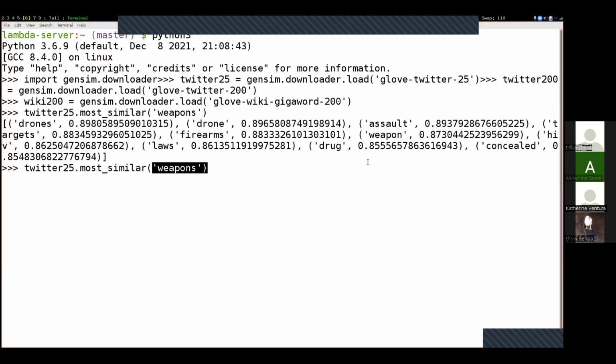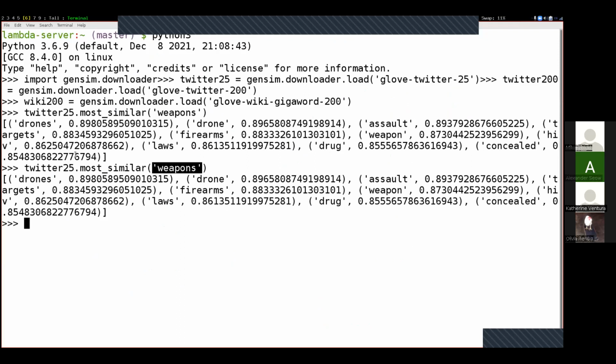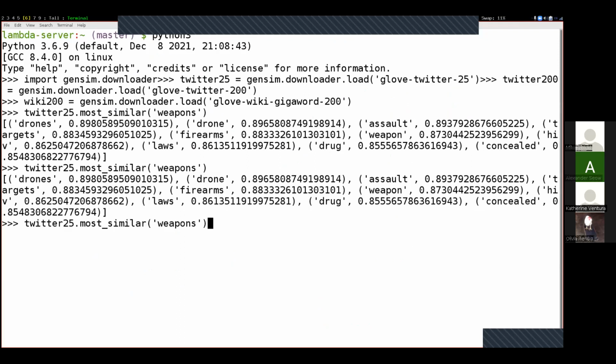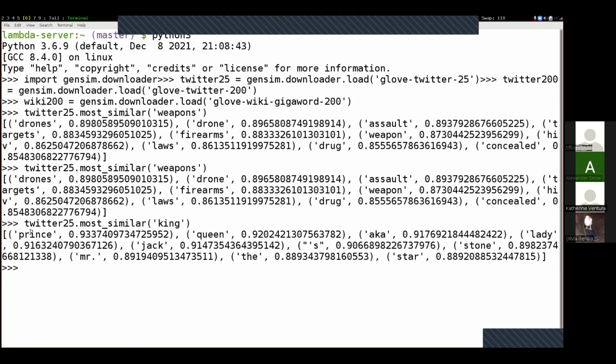So most_similar of weapons gives us that result. But we can also make it add words together. So a better thing to start with: most_similar of king. Prince is close to that, queen is close to that.